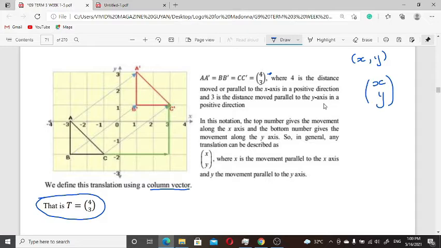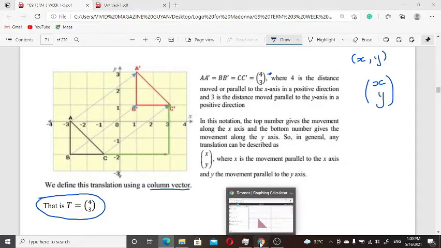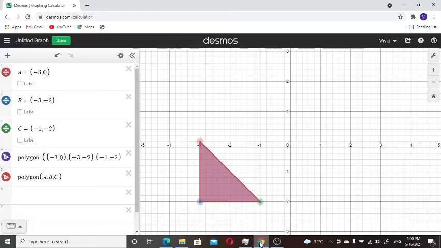So I'll be explaining this concept now. I have an online software called Desmos, and I've entered the points that you would be making use of. So A is (-3, 0), B is (-3, -2), C is (-1, -2).